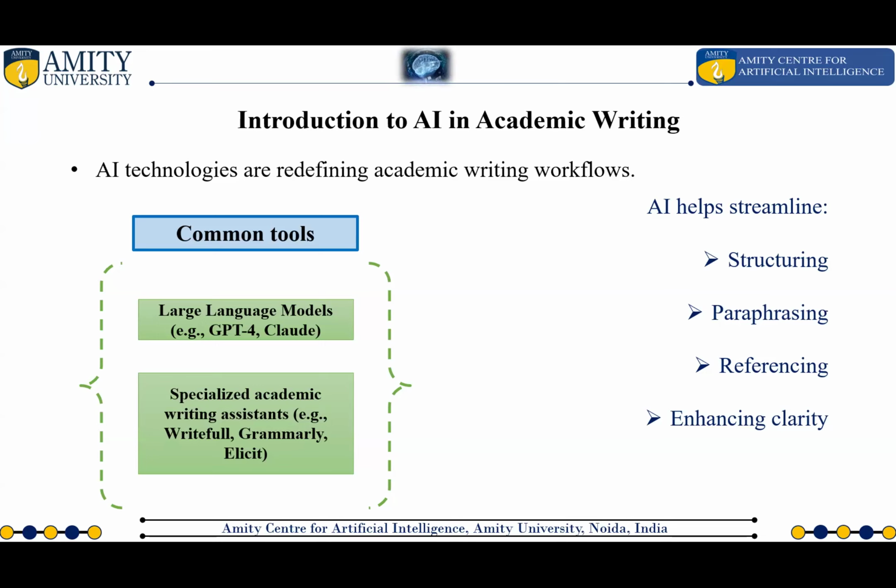And we have gone through Grammarly in our daily basis. This is a very well-known AI-based software which we use in our academic writing. Writefull is also there, Elicit is also there. So these tools support tasks like restructuring our paper, paraphrasing, referencing, and enhancing our clarity.